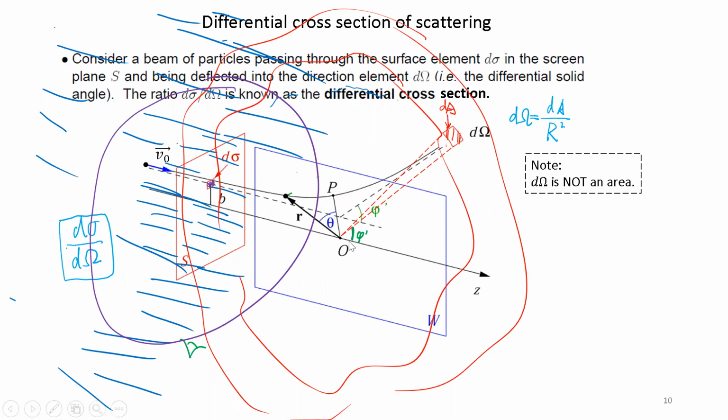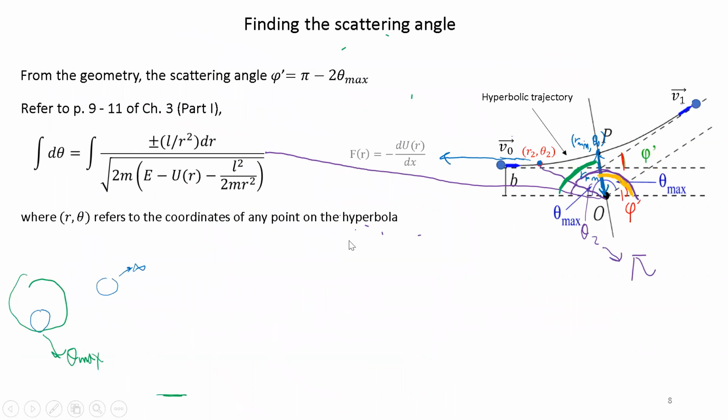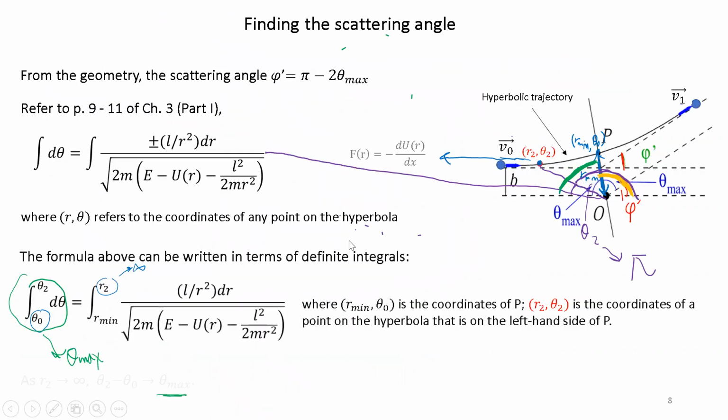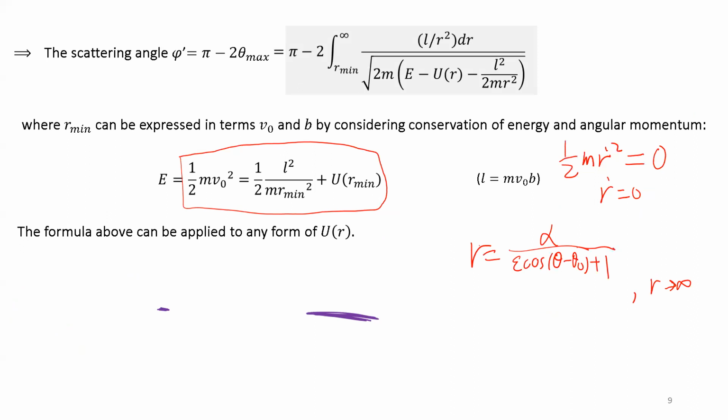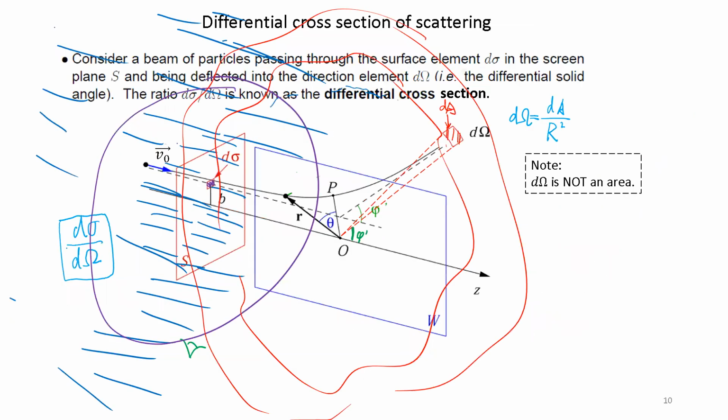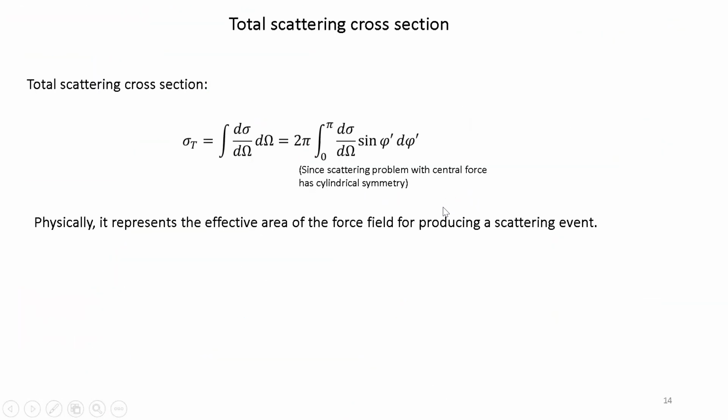So as you go to larger and larger impact parameter, effectively it's really not a pure repulsive Coulomb potential. As you go further away, you feel a little bit of cancellation due to the electron cloud. That's one remark about that.